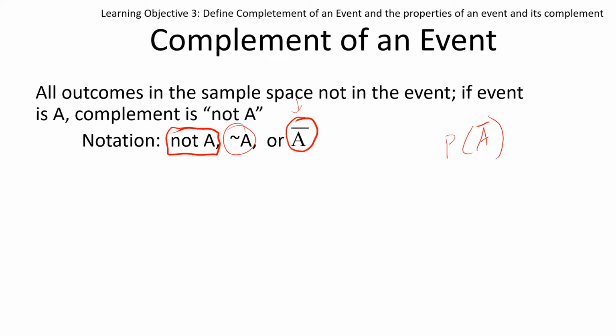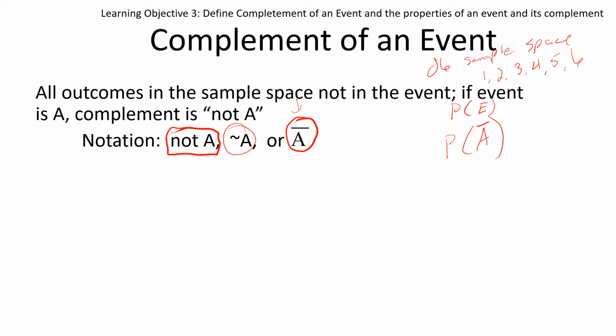So I gave the example on the previous slide of a D6, which has the sample space of 1, 2, 3, 4, 5, and 6. The event that we were looking at was the probability of getting an even.